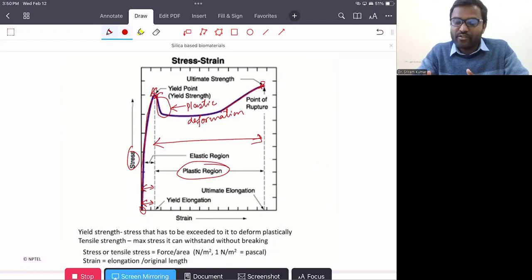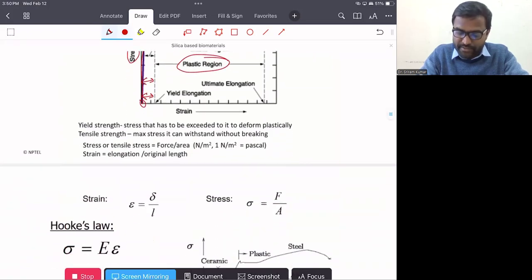So we have two kinds of deformation: one is elastic and the other is plastic deformation. If we want to develop biomaterials, we need elastic behavior so that the material will not break down. So we can control the mechanical properties based on these two parameters.